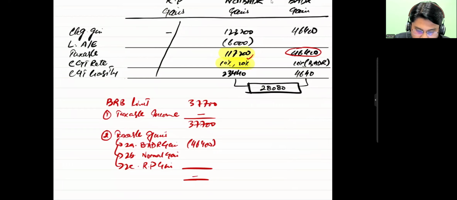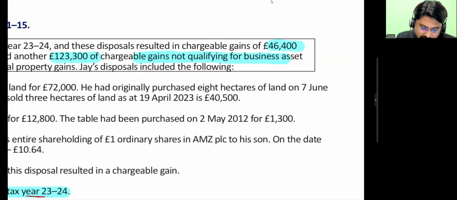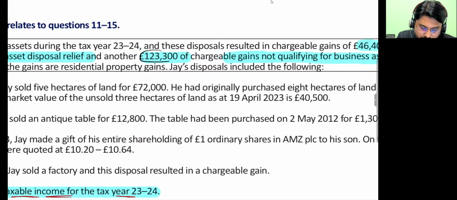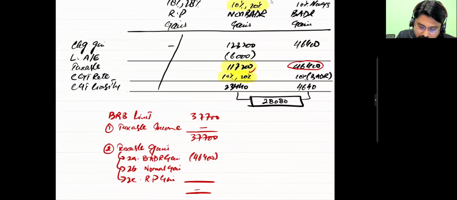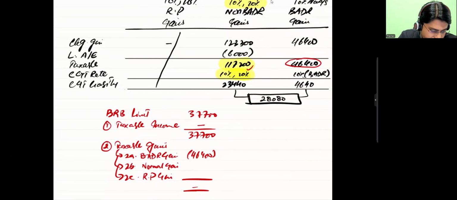Taxable gain amount, it's 117,300. Okay, I guess, okay, that's 123,300. It's 123,300. Thank you. Minus 6,000 exemption, that's 117,300.